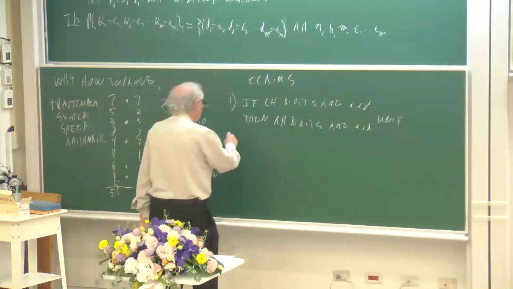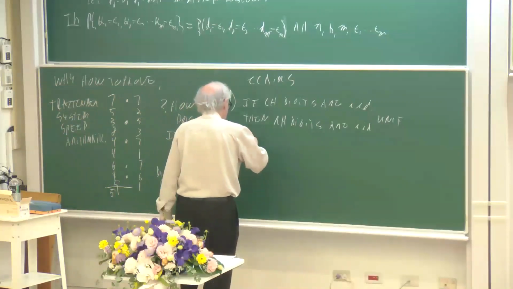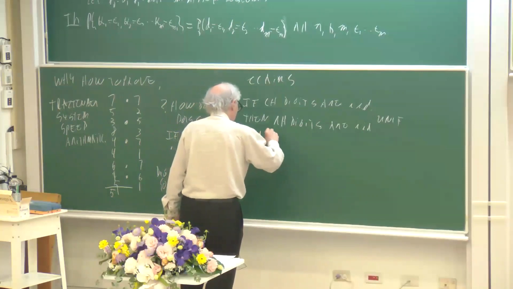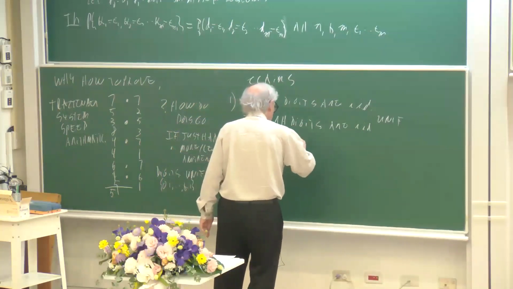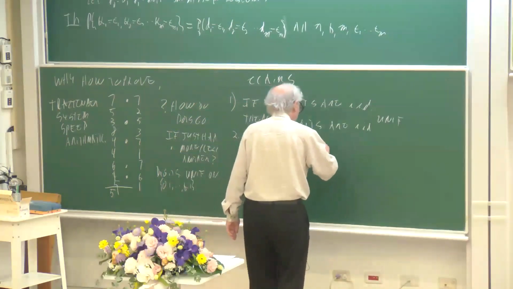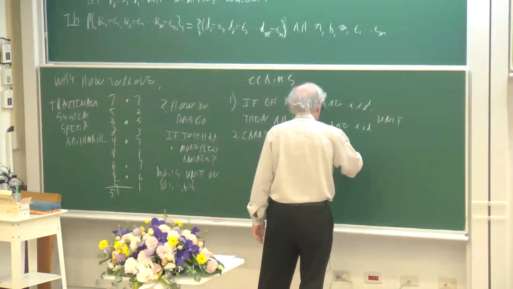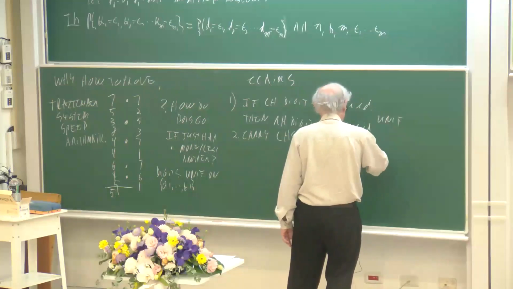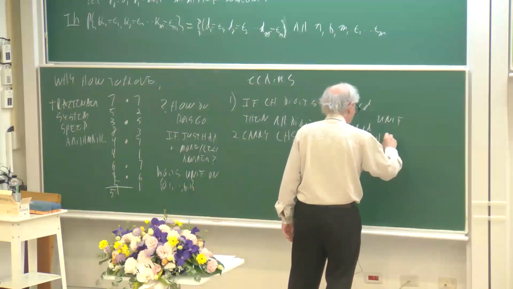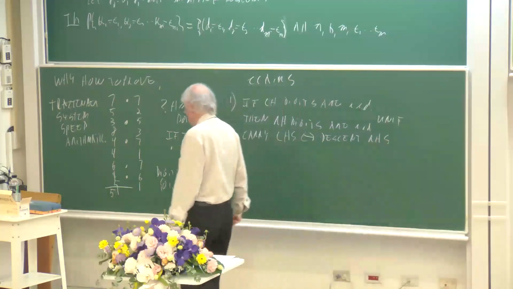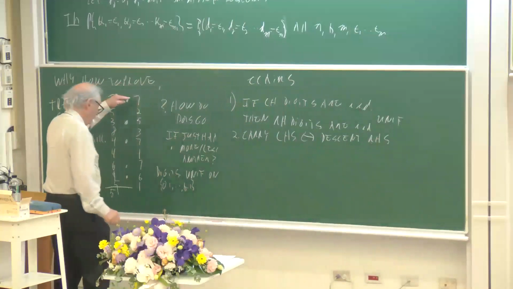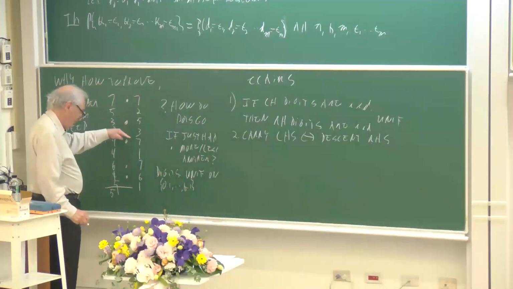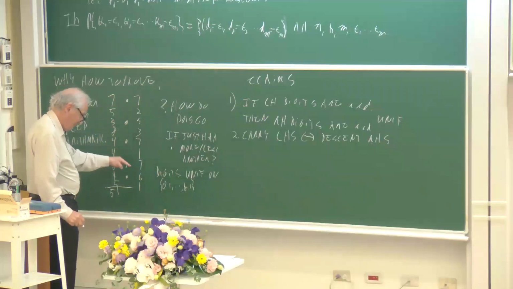And the second claim is that there's a carry on the left-hand side if and only if there's a descent on the right-hand side. And so you can first see that that's true. You know, here 7 goes to 2, 5 goes to 3, 7 goes to 1, 7 goes to 6, 6 goes to 1.